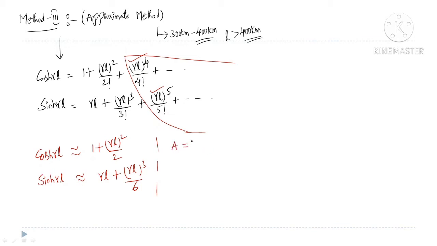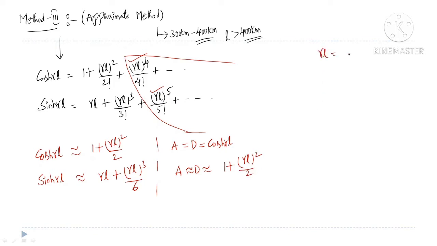A and D are actually cosh gamma L. Now by taking the approximate value of cosh gamma L, A and D will become 1 plus (gamma L) whole square by 2. Now what is gamma L?